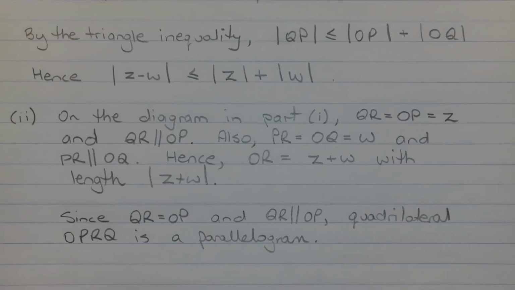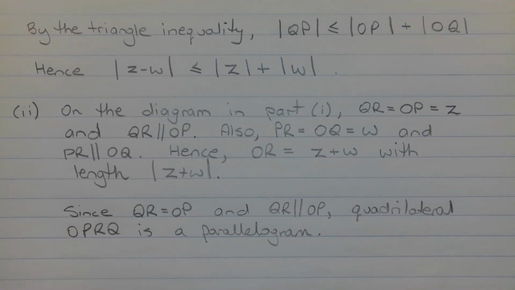So going through the solution, on the diagram in Part 1, QR equals OP, which equals the complex number Z, and QR is parallel to OP. Also, PR equals OQ, which equals the complex number W, and PR is parallel to OQ.